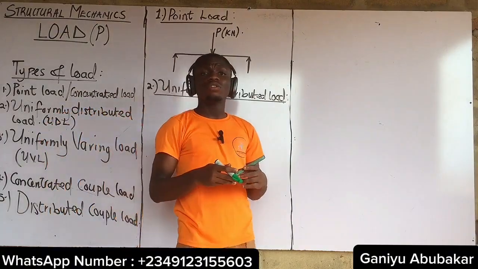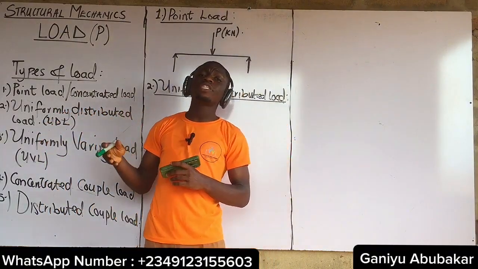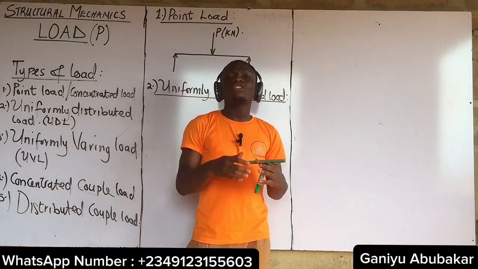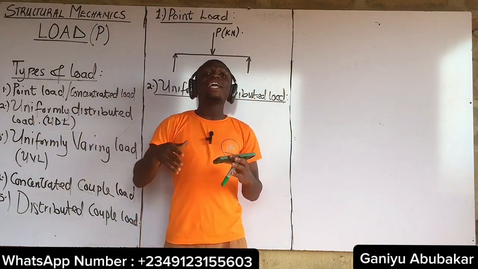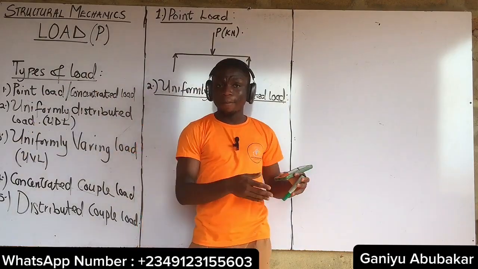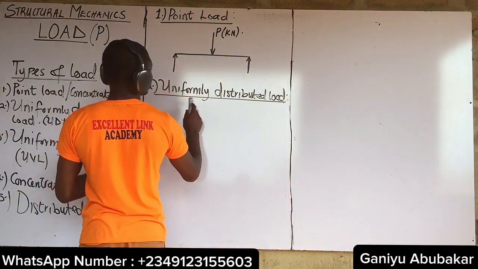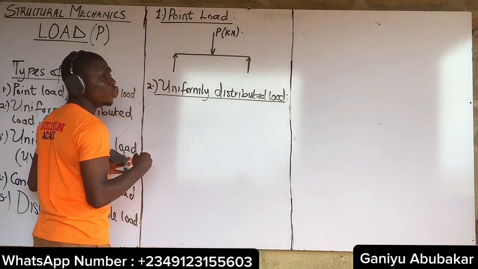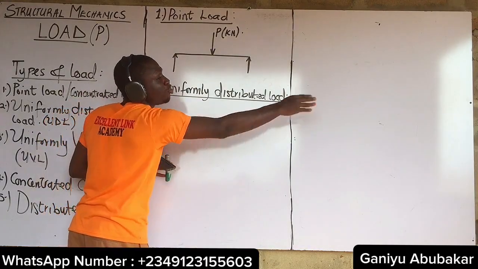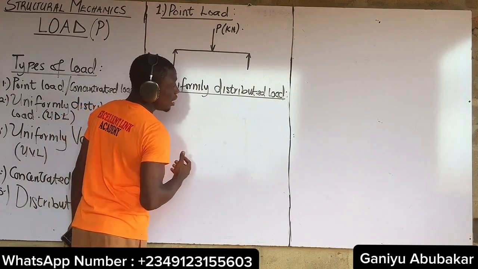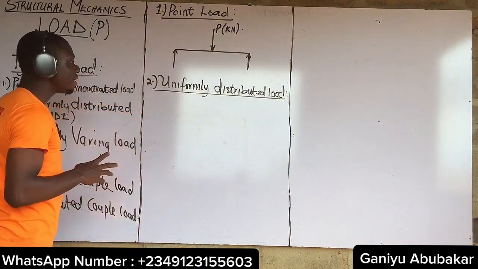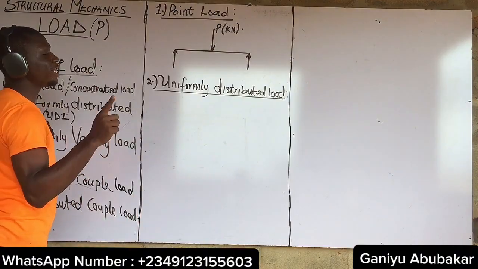By definition, uniformly distributed load is a type of load that acts through a distance or a length on a structural member. So when it comes to this uniformly distributed load, it's simply a load that is spread through a distance on a structural member. So that's the concept behind uniformly distributed load.